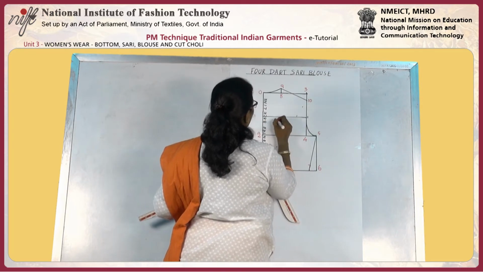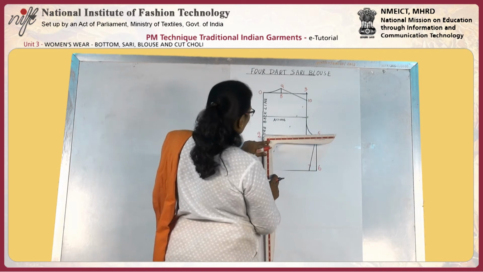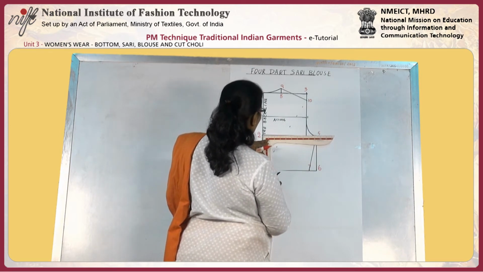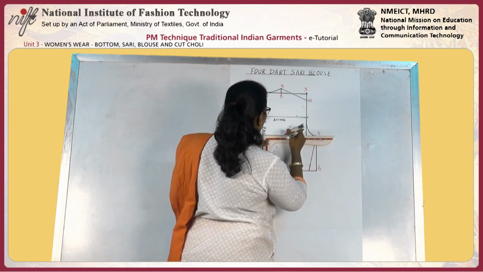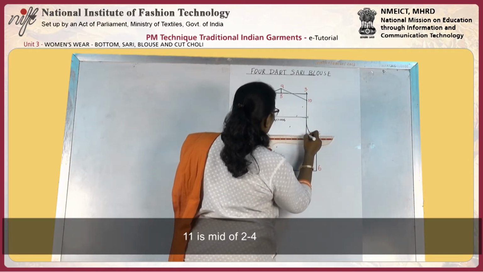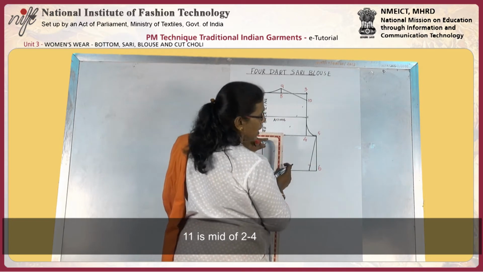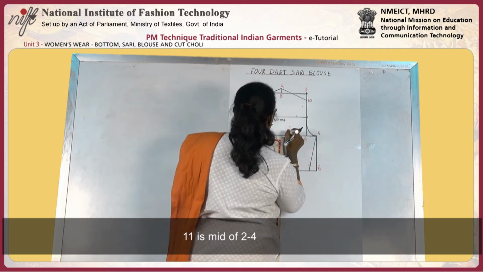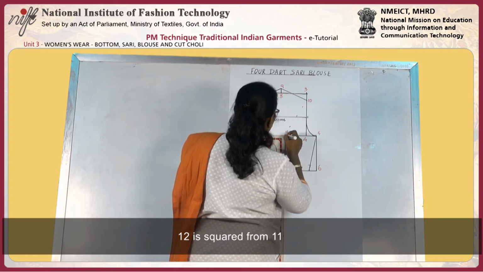This line is the across back line. Now find the measurement of 2 to 4 and mark the mid of it. 7 1/2, mid is 3 6/8, and mark 11. Square down 11 to 12.